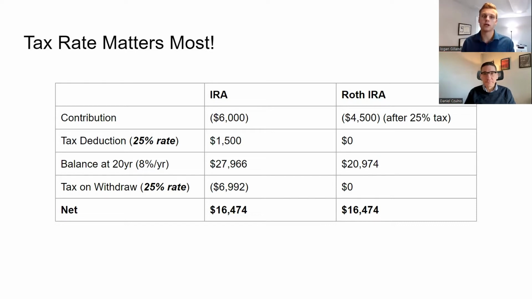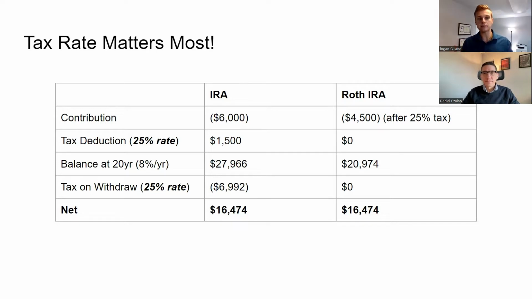We showed what happened when you had growth in that account, where you had an 8% growth rate each year for about 20 years. So you can see in this chart where those growth rates are. But then when you get to retirement or whenever you're taking those funds out of the IRAs, you have to be past age 59 and a half in most circumstances.